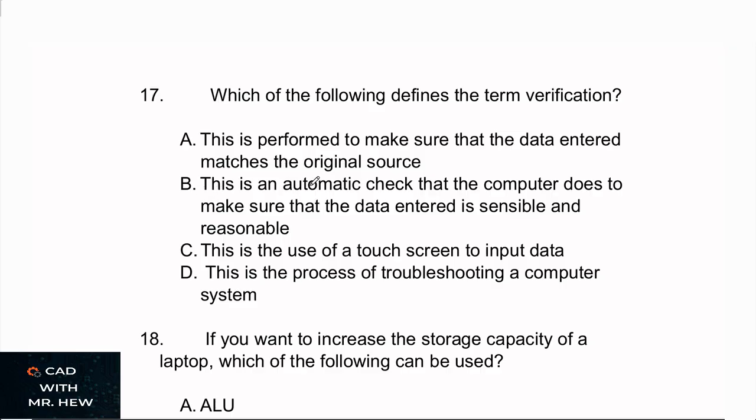B, it is an automatic check that the computer does to make sure that the data entered is sensible and reasonable. C, this is the use of a touch screen to input data. D, this is the process of troubleshooting a computer system. The correct answer is A.